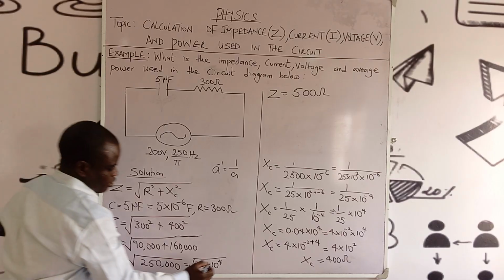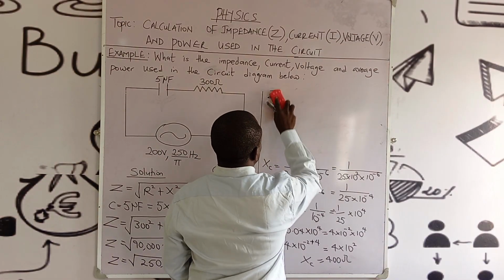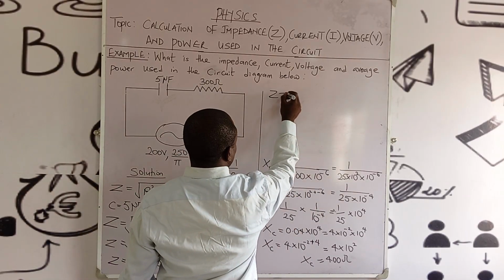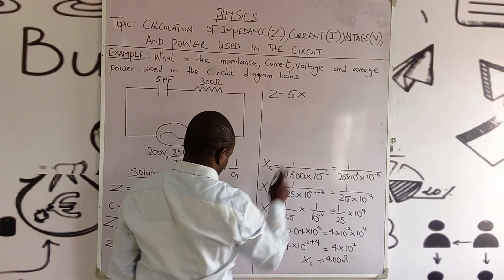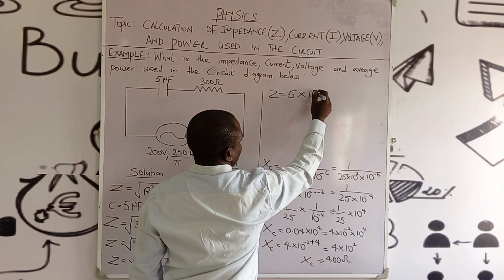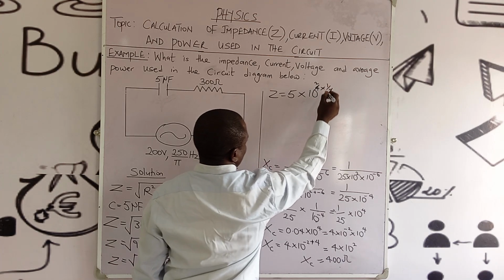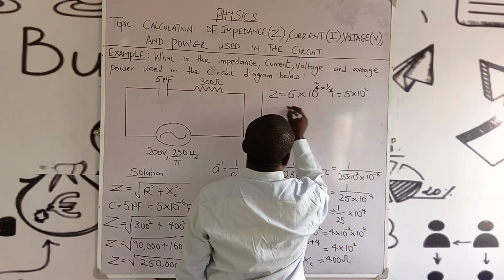Let me show you how we get to 500. Your impedance equals square root of 25, which is 5, times 10 raised to 4 times half, which is the square root, 2 here 1, 2 here 2, which is equal to 5 times 10 raised to 2.